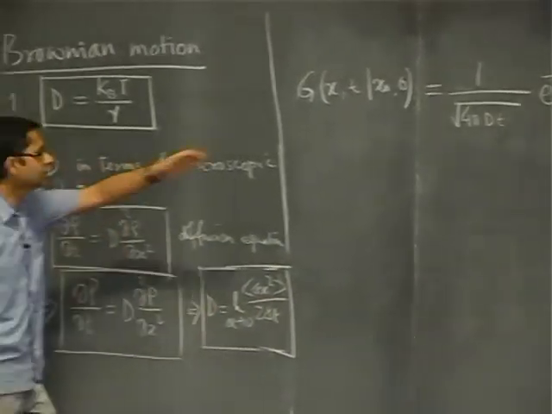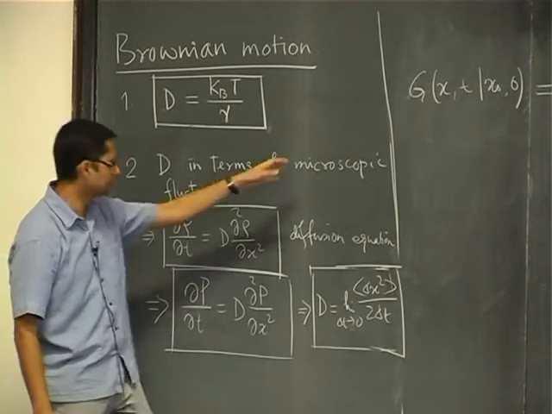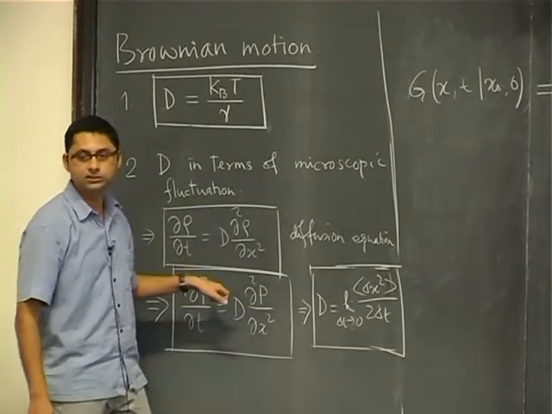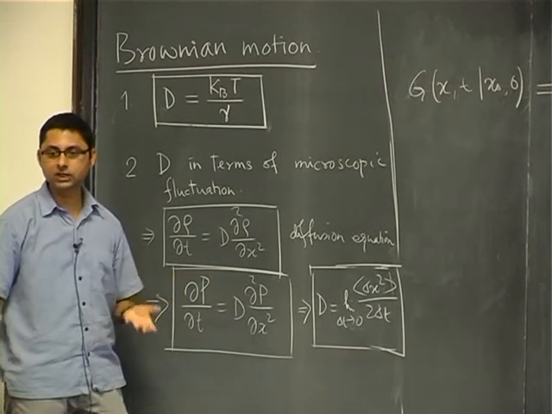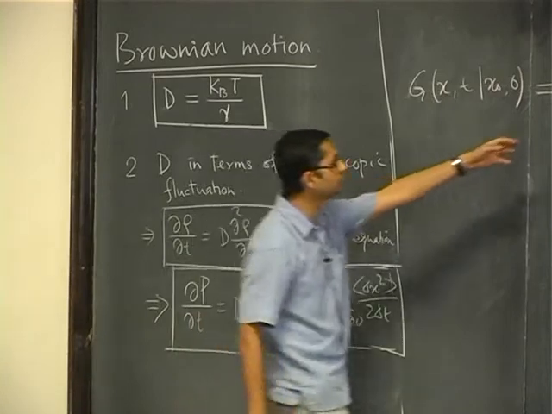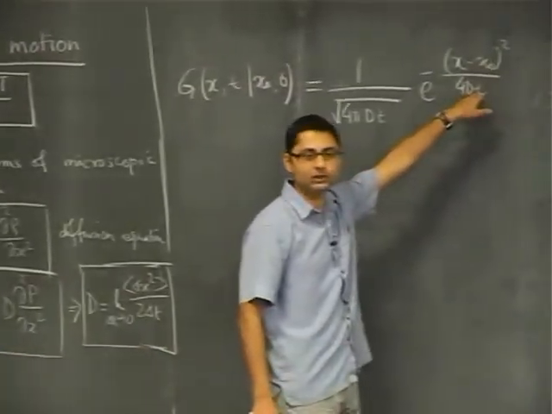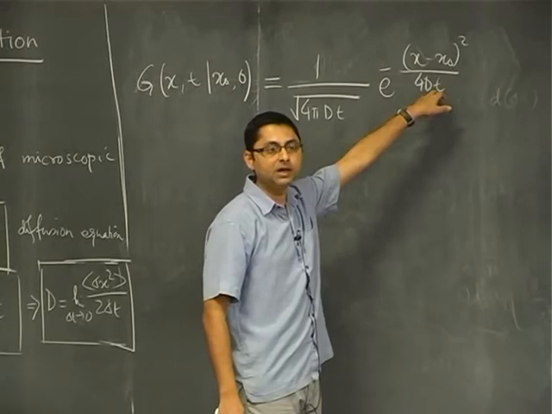So we saw that this is a solution of this equation. Instead of p, if you put G here, this is a solution of this equation with the initial condition that if t goes to 0, what happens to this function? It becomes a delta function, right?